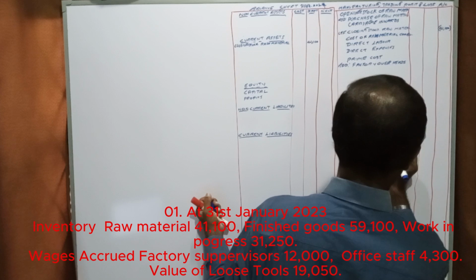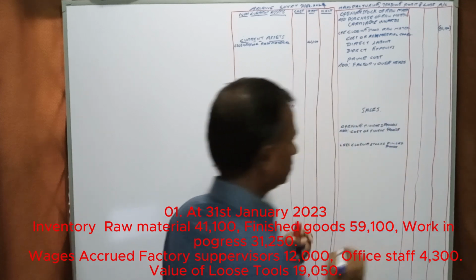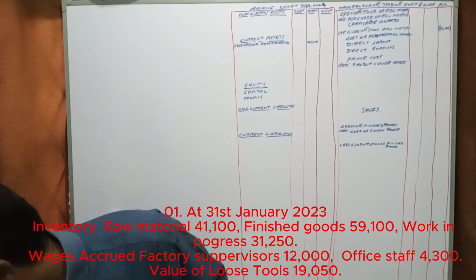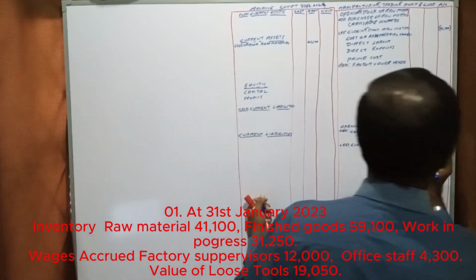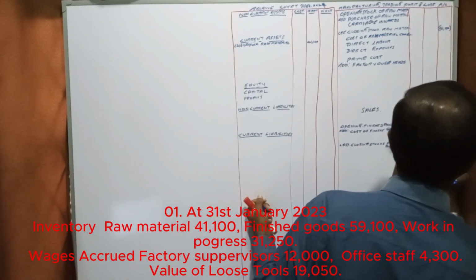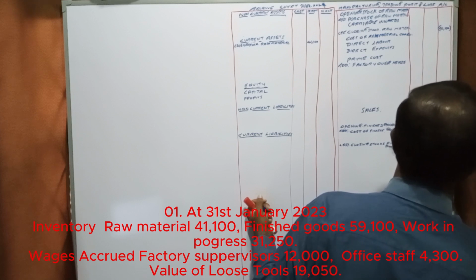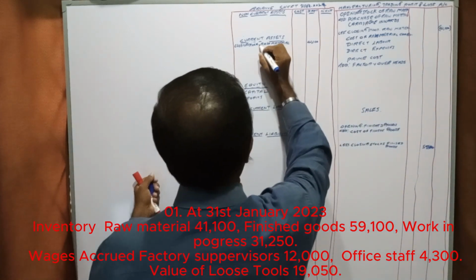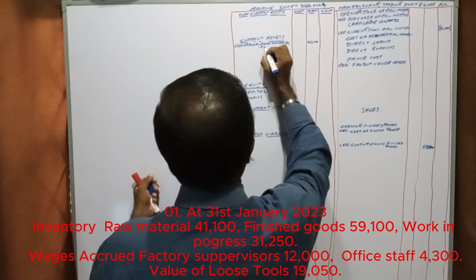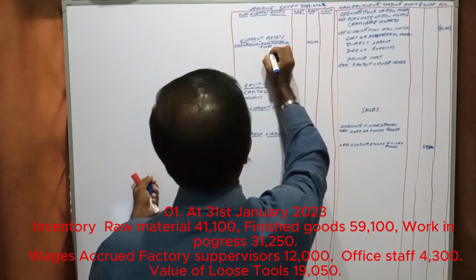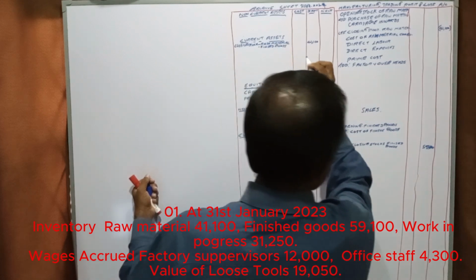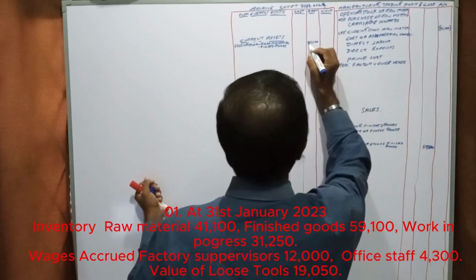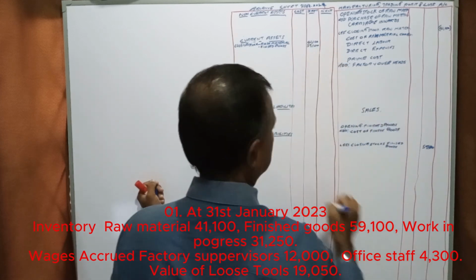How much is the finished goods cost? 59,100. Finished goods, 59,100.